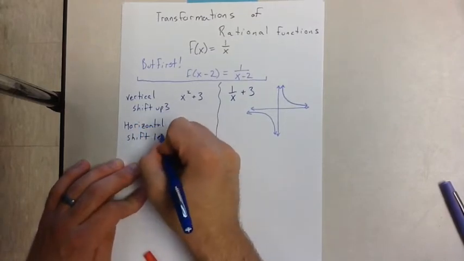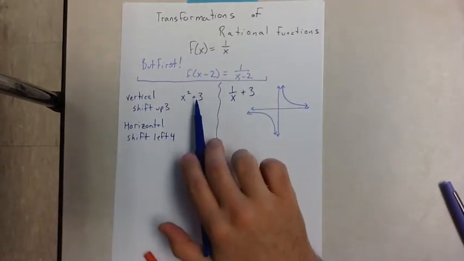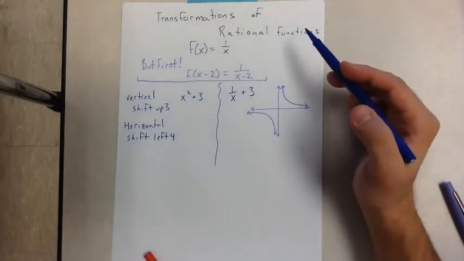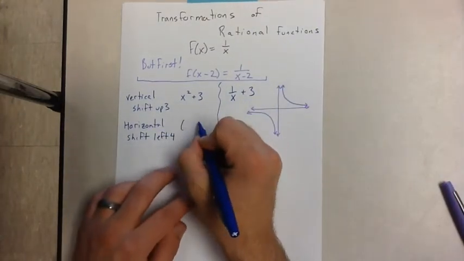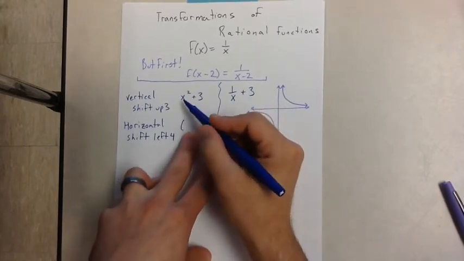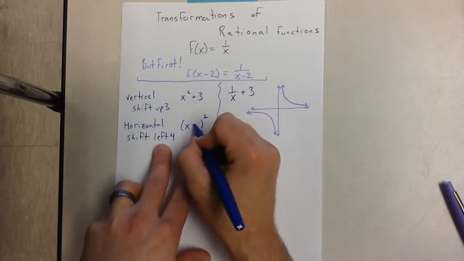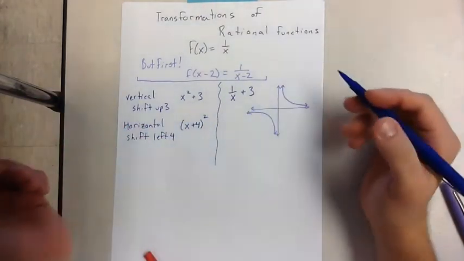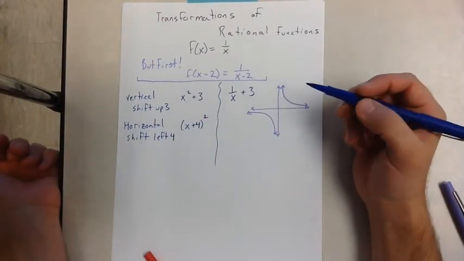Let's go left 4. So where we added or subtracted a number on the outside to go up or down, to go left or right, we applied the transformation on the inside. So we would have x plus 4 squared, and that gave us a shift left 4.